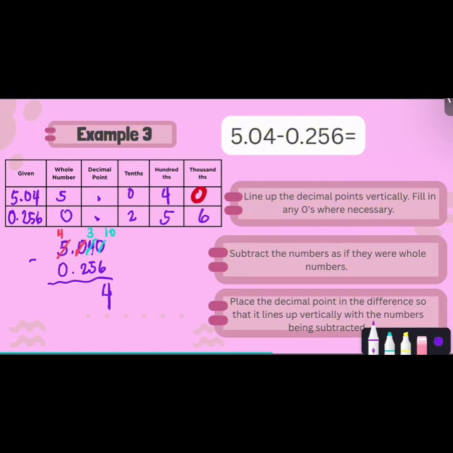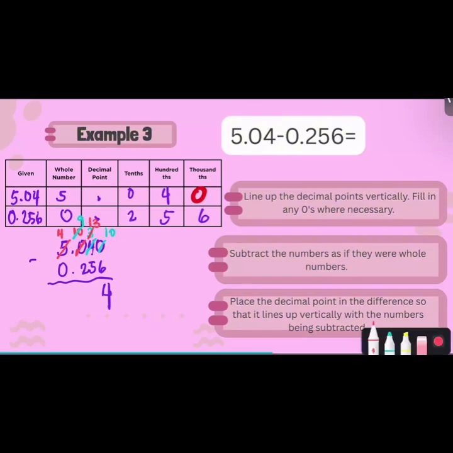Again, this will become 10. And then, si 10 ay magiging 9. And 3 becomes 13. So, now we can subtract. Make sure lang that we know how to borrow, the process of borrowing. Okay, now let's subtract.